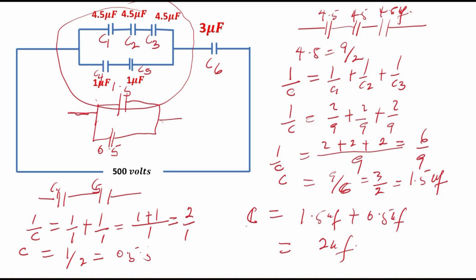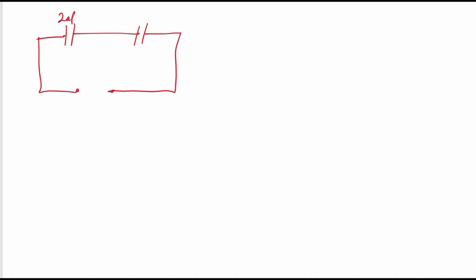Now, the effective capacitance for this parallel circuit is 2 microfarad. We can now redraw the entire circuit to look like this, where this is a 2 microfarad and here is a 3 microfarad, and here's my source voltage of 500 volts.